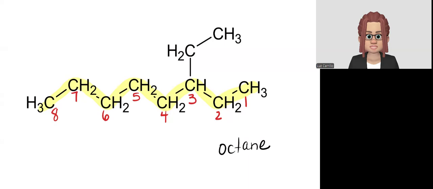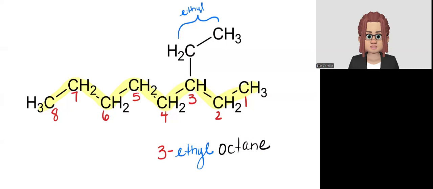Outside of that highlighted area, I have a connection that looks like a CH2 connected to a CH3. That is called an ethyl group. And since my ethyl group is on position 3, the name of this compound is 3-ethyloctane.